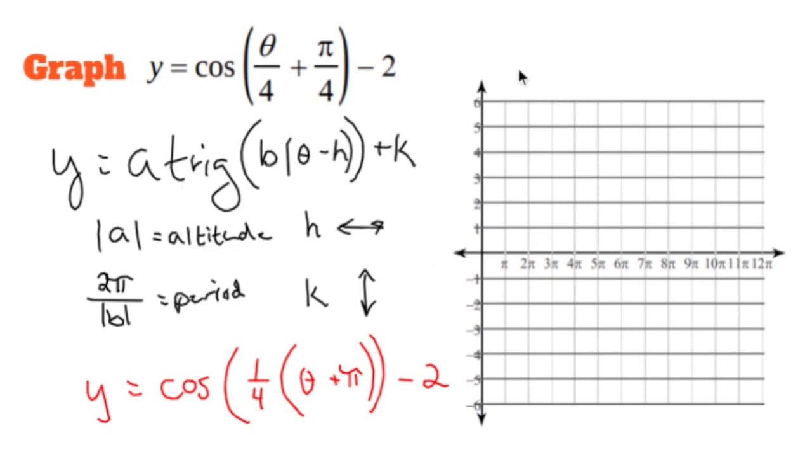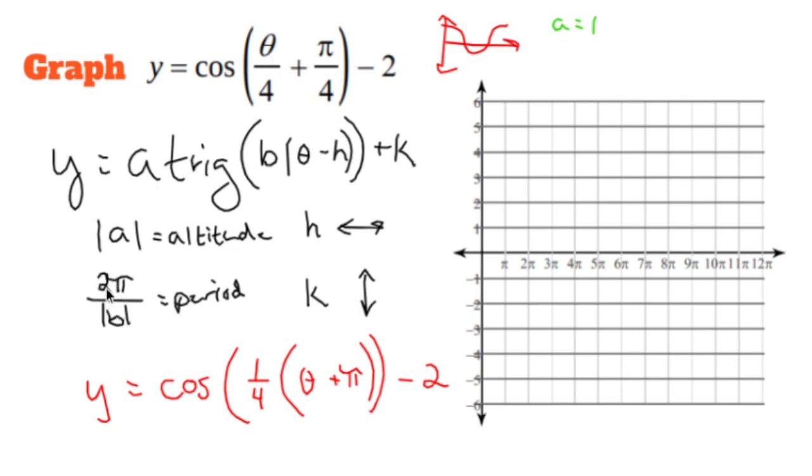All right, so first things first, cosine looks like this. We also know, based off of what I just wrote out, that my altitude is invisible 1. The height doesn't change. God is good. The period is going to be 2 pi over 1/4.